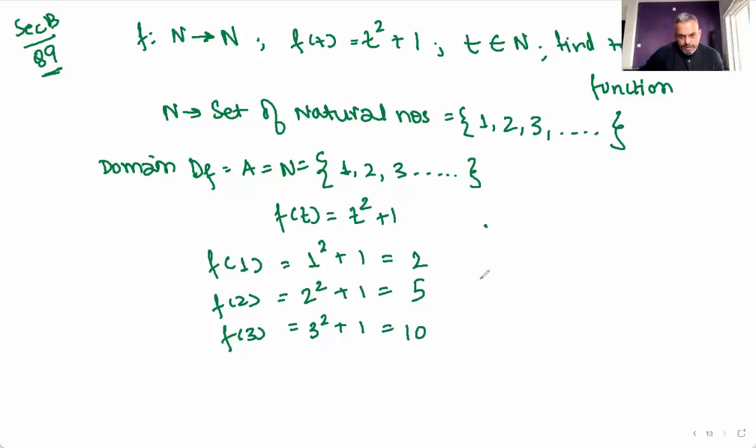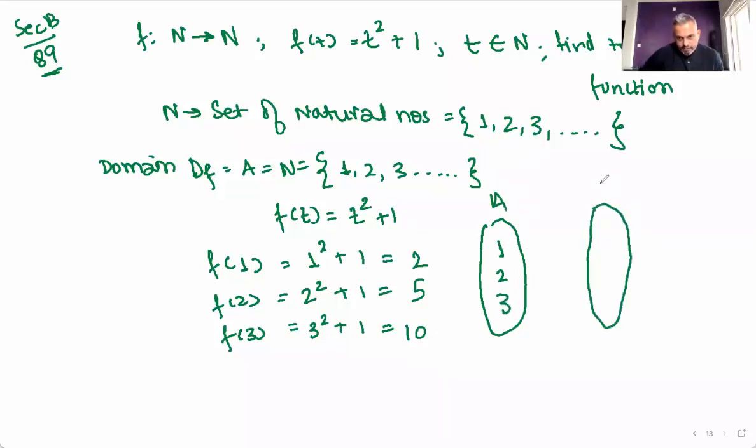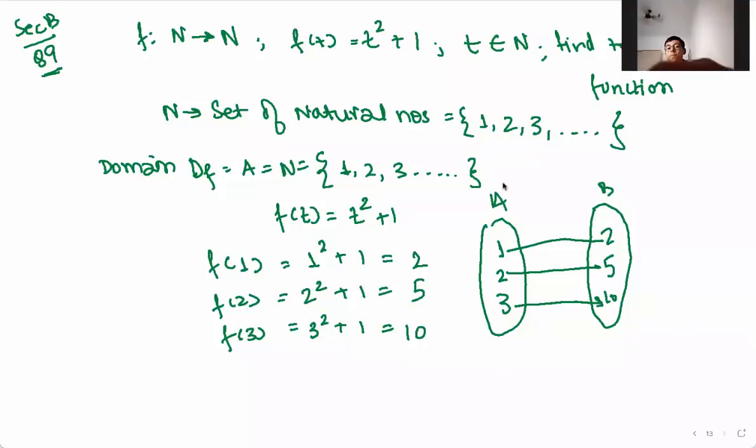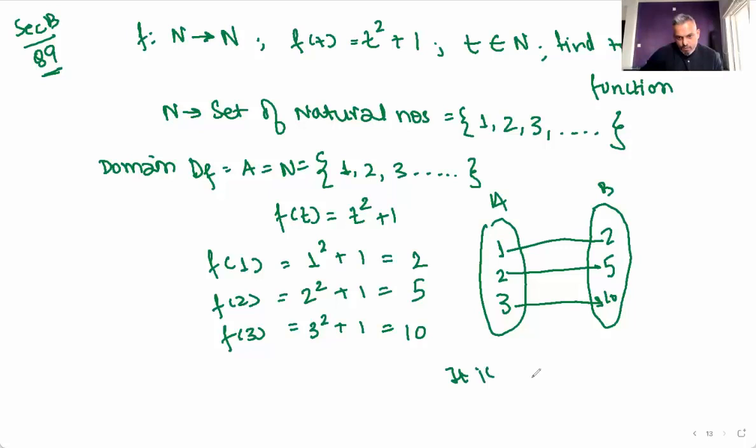So if I draw a diagram, I'll have 1, 2, 3. Let's say this is set A and this is set B. I'll have 2, 5 and 10. So the image of 1 is 2, the output of 2 is 5, and the image of 3 is 10. So what type of function is this? One-one function. It is a one-one function.